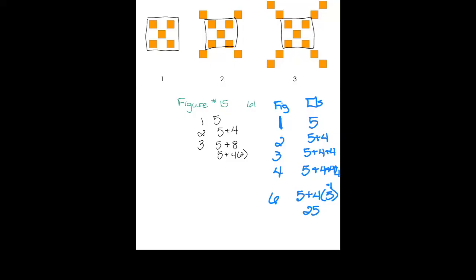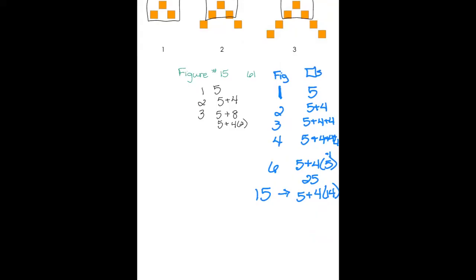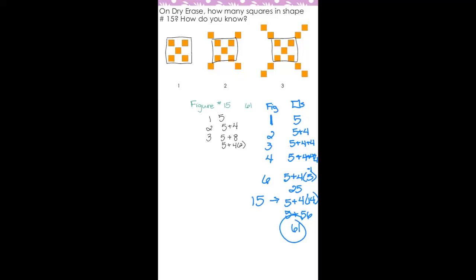So if I do figure 15, that's going to be 5 plus 4 times 1 less than 15, which is 14. And you get 5 plus 56, which is 61. Okay?